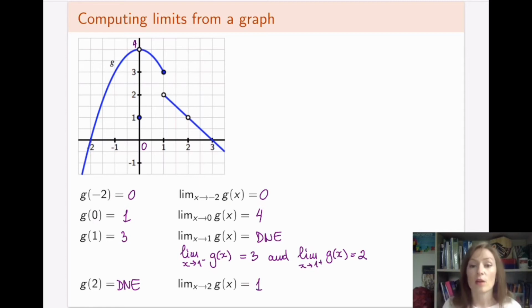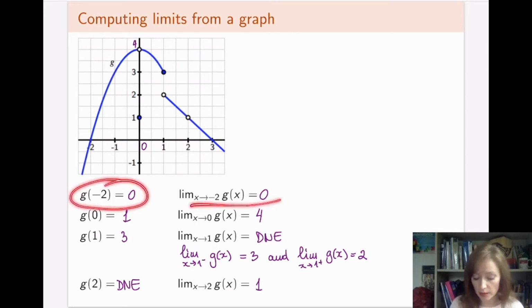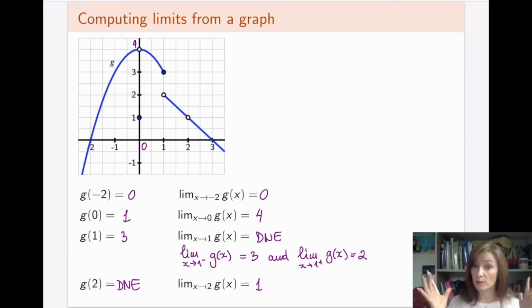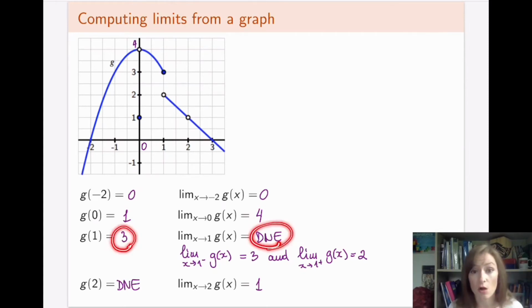This is a very important slide because it shows you that all things are possible. Look, in the first one, the function is 0 and the limit is 0. So the function value and the limit value could be the same. The next one, the function value is 1, but the limit is 4, which means that they could be different. The next one, the function value is 3, but the limit doesn't exist at all.